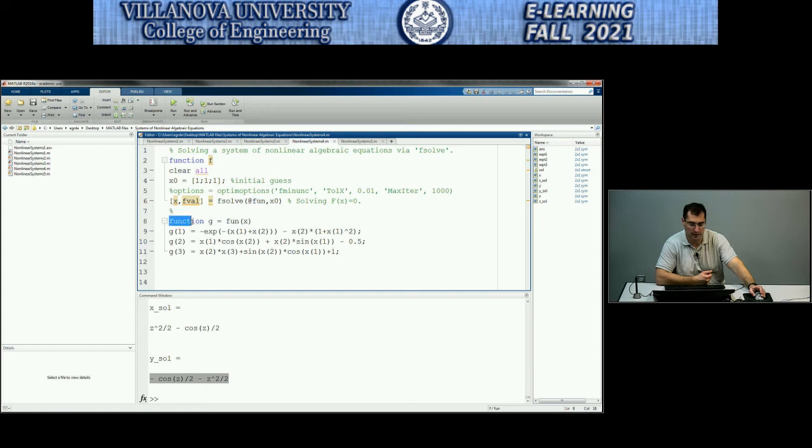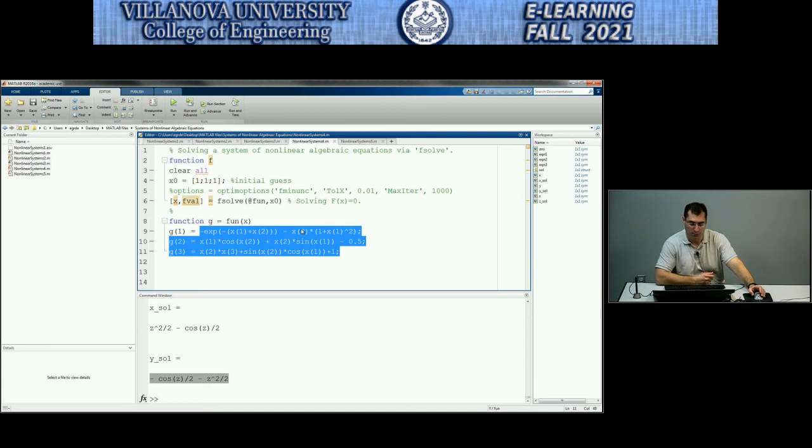I type up function. You can give that function a name, let's say G, and make sure you call it fun. In the brackets, you specify the unknown. It's going to be a vector of unknowns, x. Given the fact that we have 3 equations and 3 unknowns, x is going to have 3 components, x1, x2, and x3, which are present in all these 3 equations.